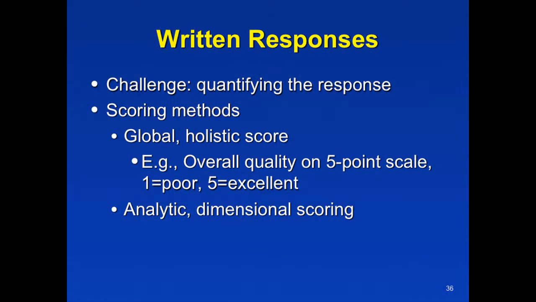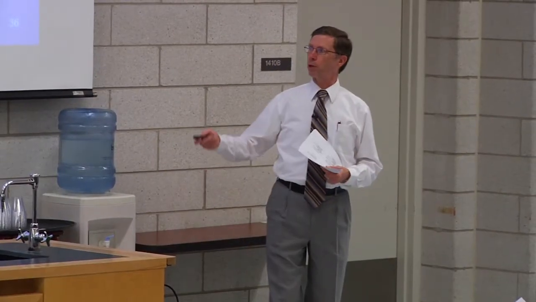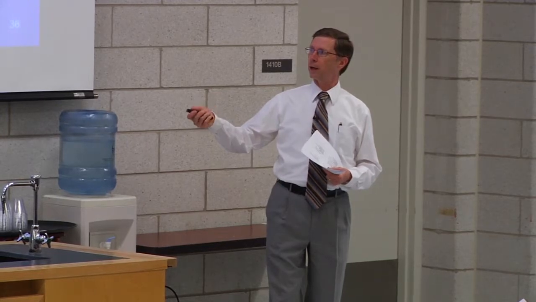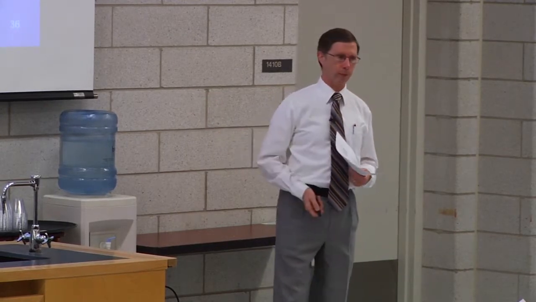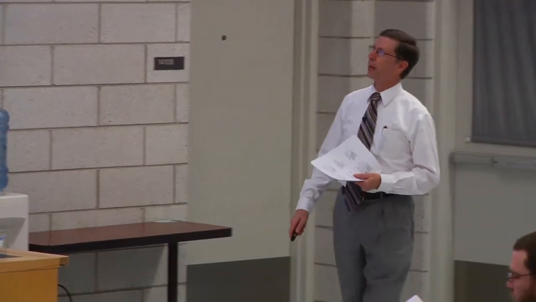So there are a variety of scoring methods that you can use, and again, you'll talk about this more this afternoon. So you may have a global, holistic score just ranging from my sense that this is a very poor performance to a very strong, excellent one based on your prior performance as a judge. Or you may have a much more refined analytic scoring. And I'll try to demonstrate that with this one.